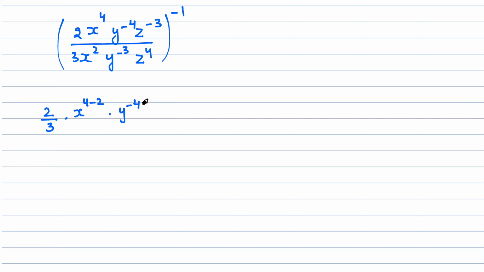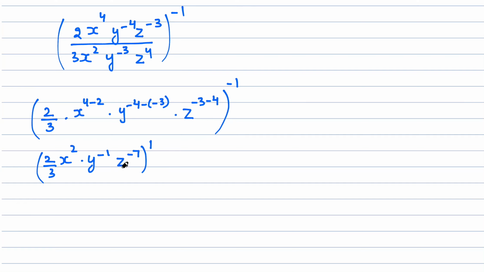So negative 4, negative of negative 3, times z to the power negative 3, negative 4, whole to the power negative 1. So this is 2 by 3 x to the power 2 times y to the power negative 4 plus 3 is negative 1, z to the power negative 7, whole to the power negative 1.